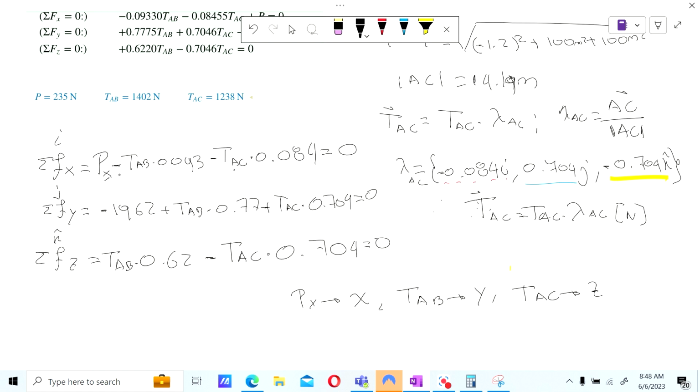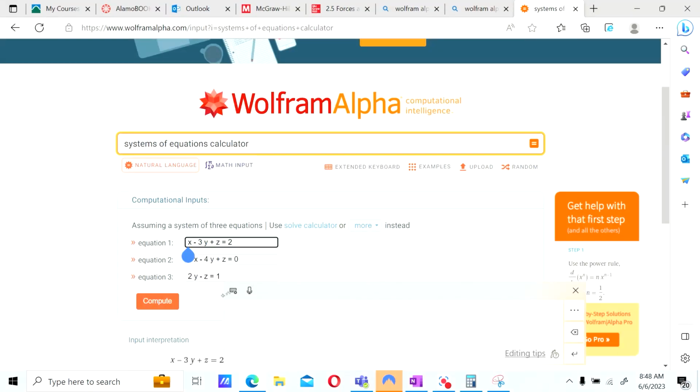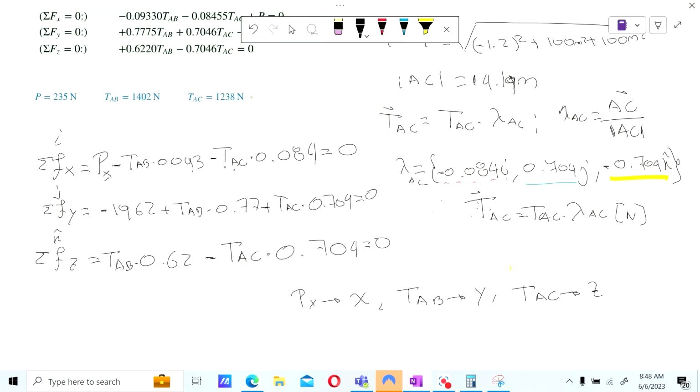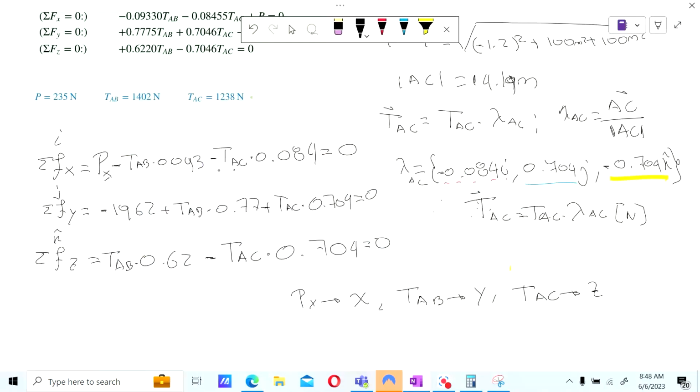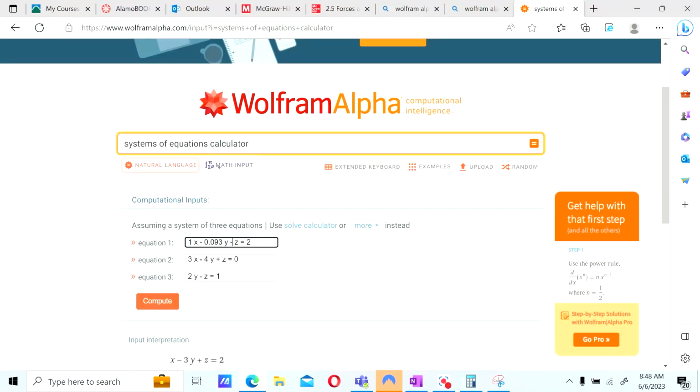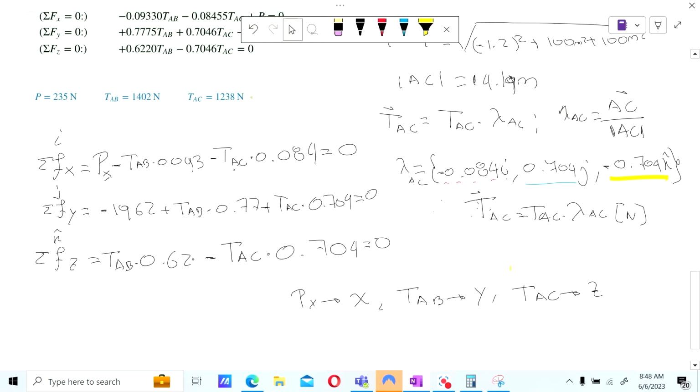So Px is 1 times Px. Let's type here 1x minus 0.093 minus 0.084 equals 0.